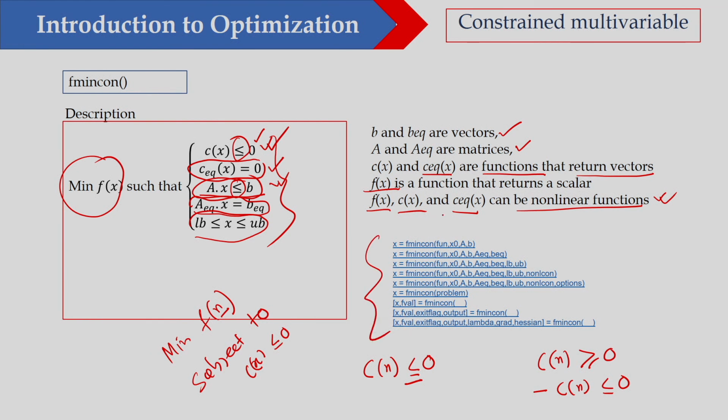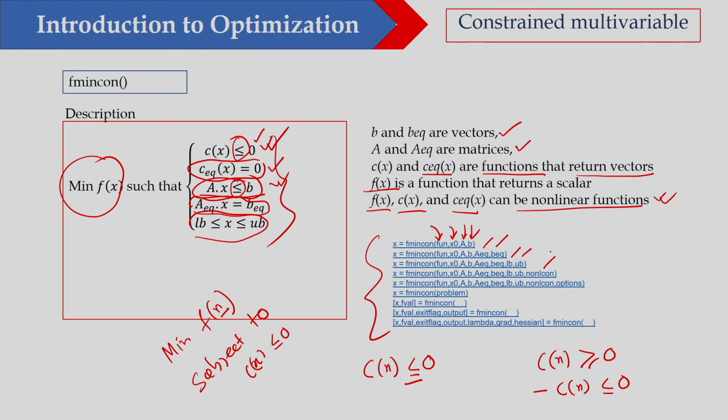Suppose your problem has only an objective function. Then you define the objective function, then you define x naught, then if you have a linear inequality constraint, you define A and b. If you have a linear equality constraint, then you define Aeq and beq, and if you want to define lower bound and upper bound, you can define them.